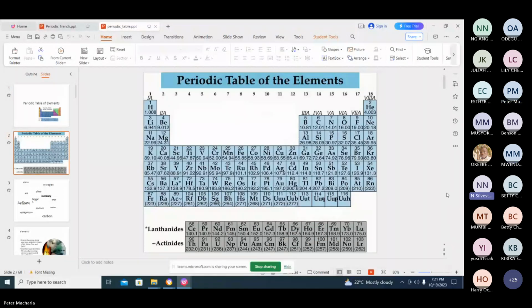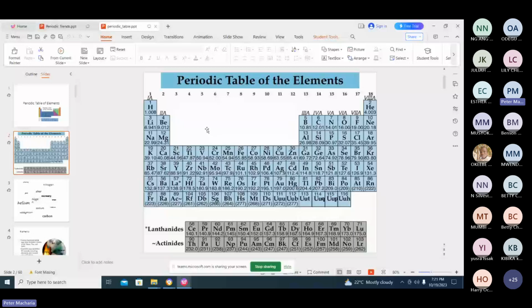Basically, the main periodic table is usually divided into two parts. The main periodic table includes those elements from the sublevels S up to D. Those are the ones that are held in the main periodic table. Are we together up to there?